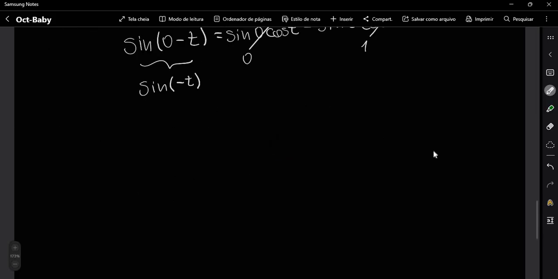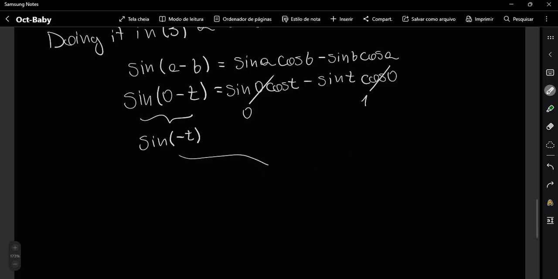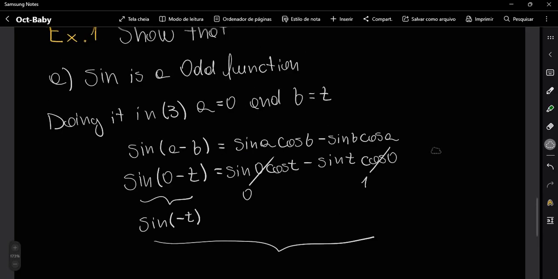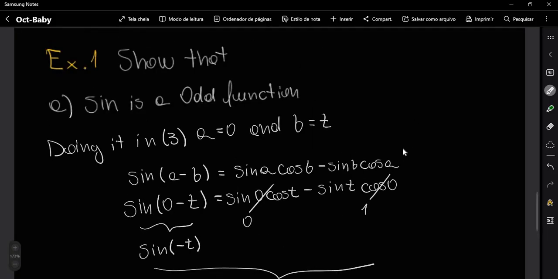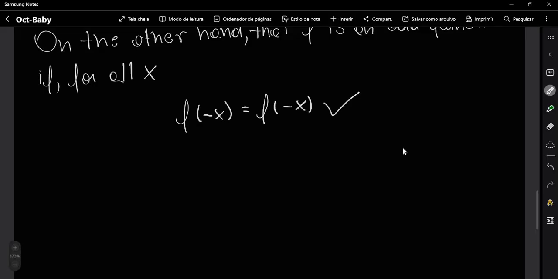So sine is an odd function. An odd function.